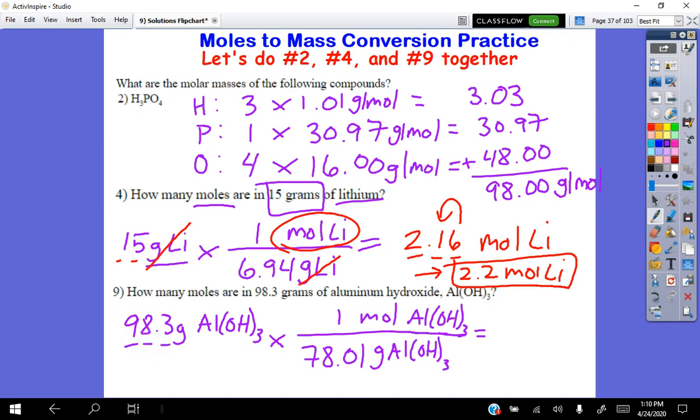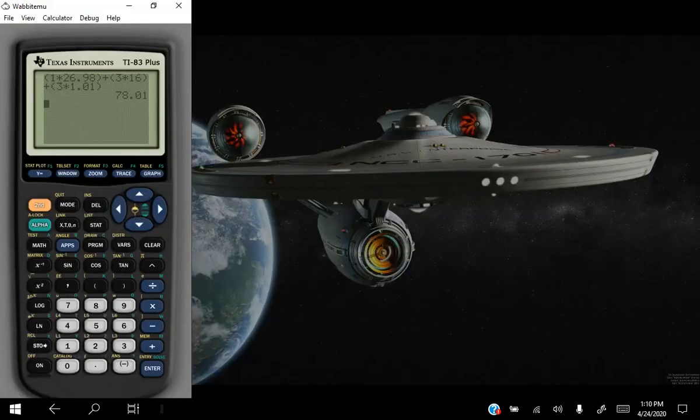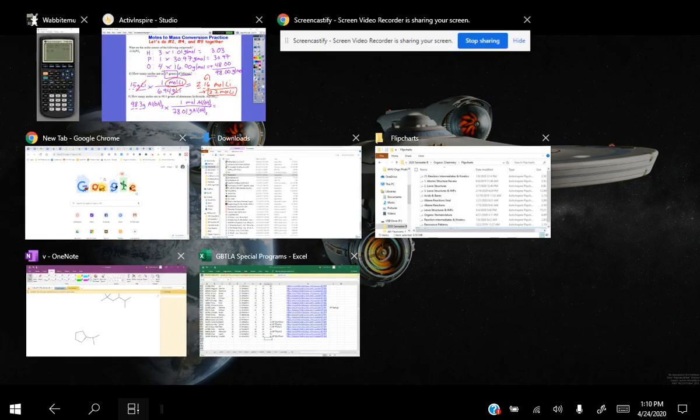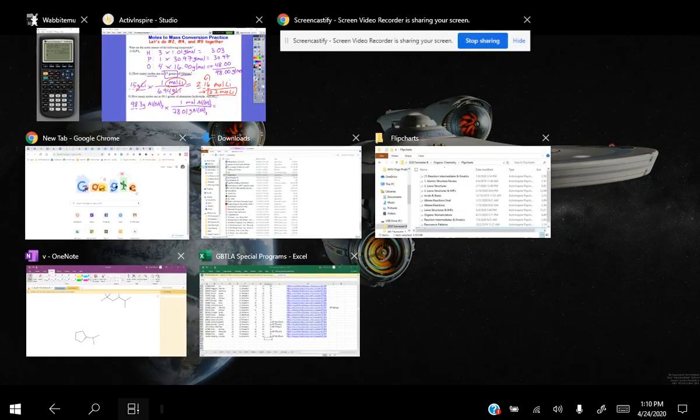Here I see 3 significant figures for my starting number. So my final answer will also have 3 significant figures. So 98.3, I think that's what we started with. Yep, 98.3 times, open parentheses, 1 divided by 78.01, close parentheses. And 3 significant figures would be 1.26.